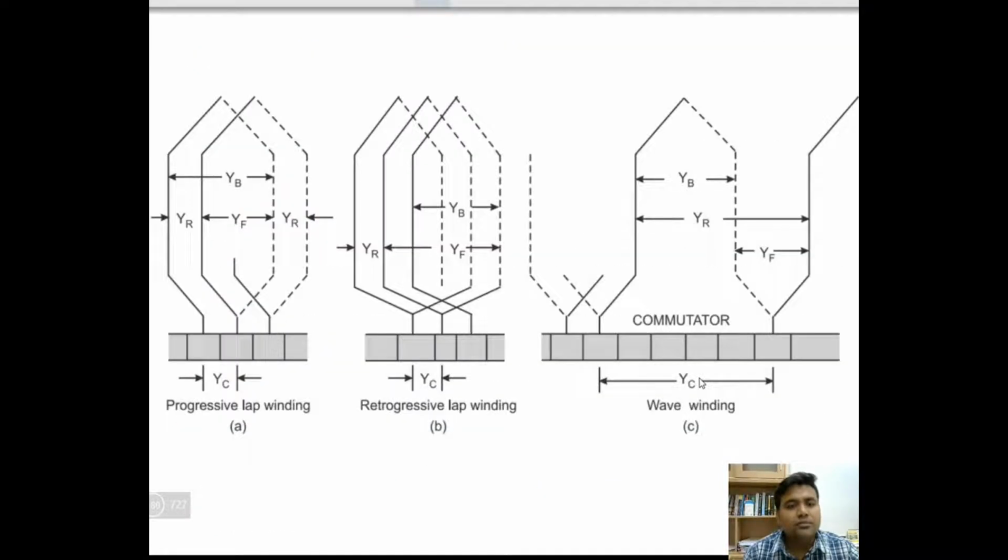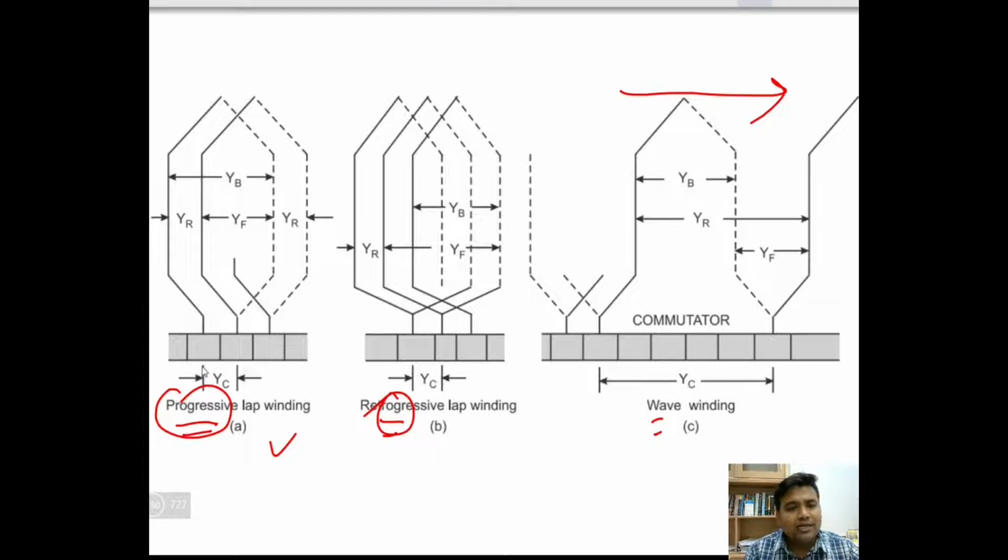Now here we know that armature winding can be a lap winding or a wave winding. This figure shows the progressive lap winding and retrogressive lap winding, and we have a wave winding. Wave winding will always move forward, so there is no point of discussion here. However, lap winding can be progressive or retrogressive.